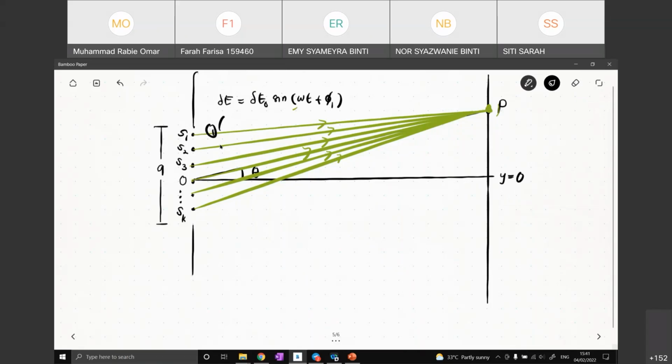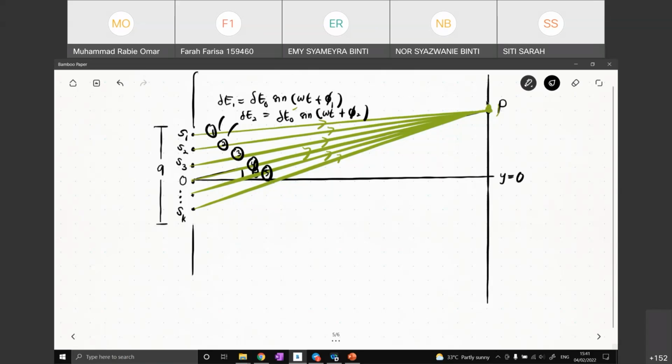This is light ray number 1. And then I have my light ray number 2, which is equal to delta E naught sine omega t plus phi sub 2. And then I have light ray number 3, number 4, number 5, and so on.